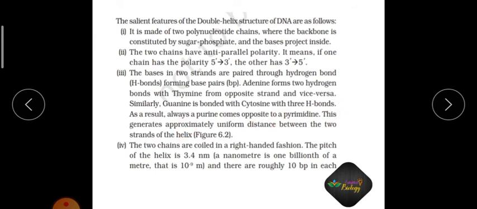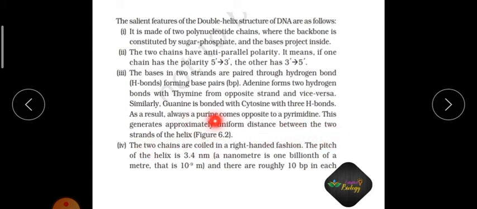And very important to note, purine always base pairs with pyrimidine. So in one strand there is going to be purine, in another strand it is going to be pyrimidine, and vice versa. So always purine base pairs with pyrimidine. That you never forget. This generates approximately uniform distance between the two strands of the helix.